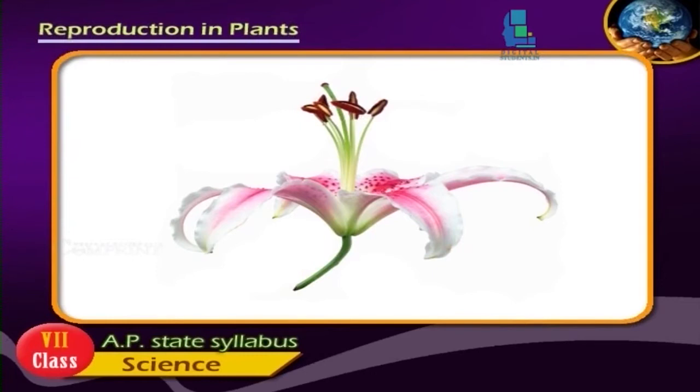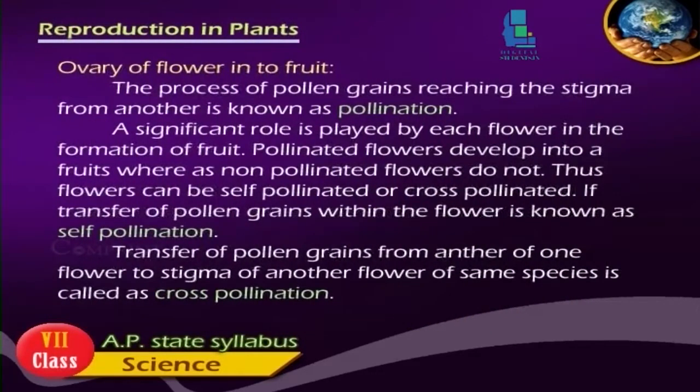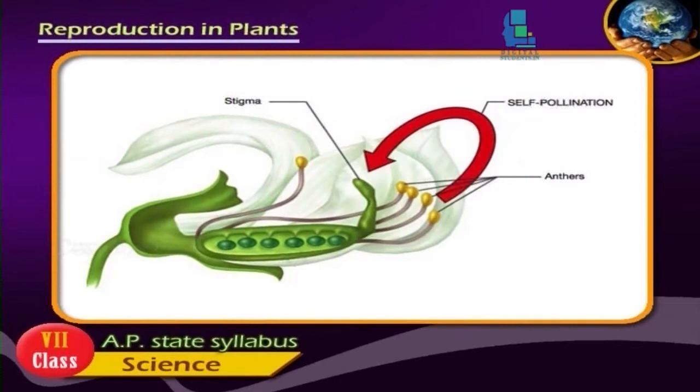A significant role is played by each flower in the formation of fruit. Pollinated flowers develop into a fruit, whereas non-pollinated flowers do not. Thus, a flower can be self-pollinated or cross-pollinated.